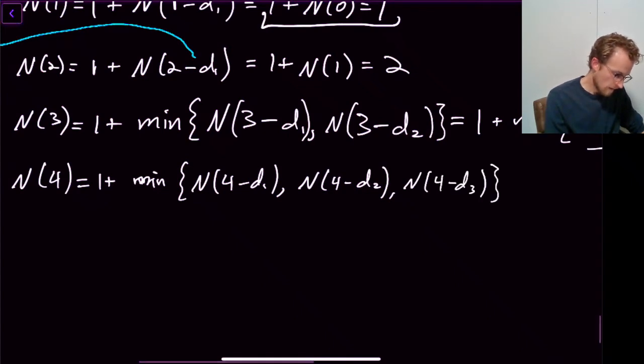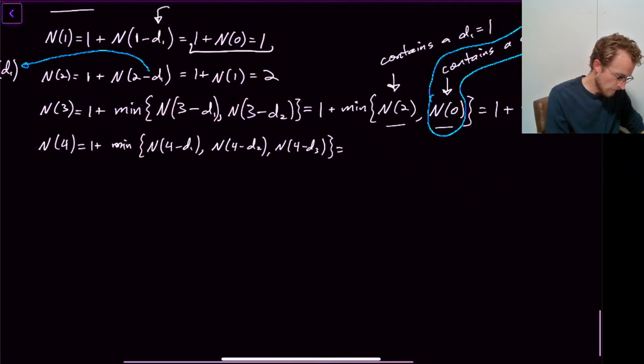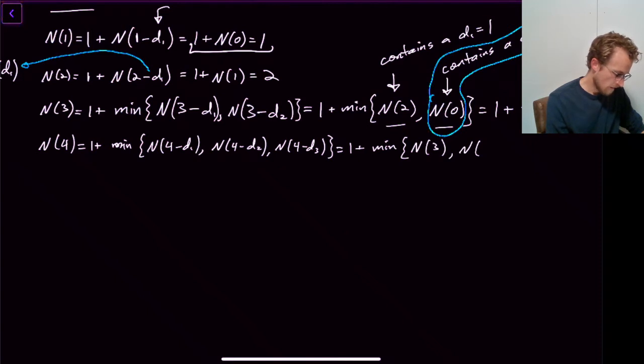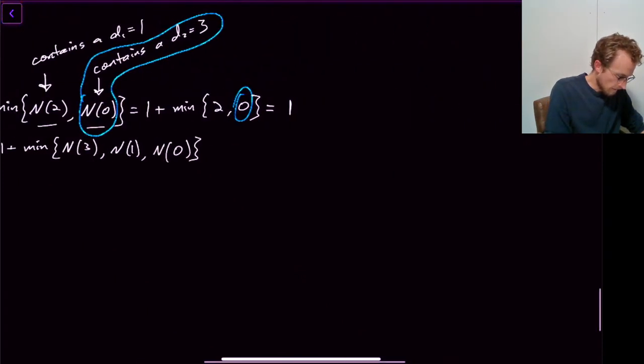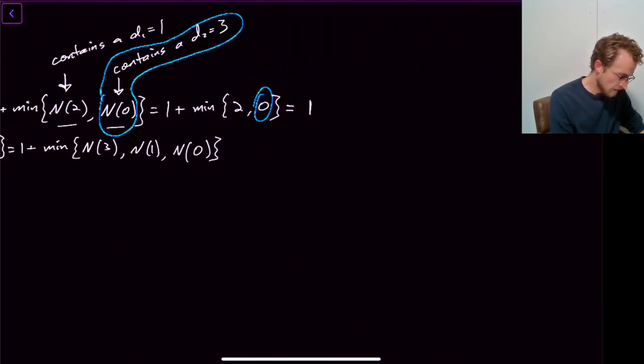Okay, and so now I can zoom out a bit to make some space here. This is equal to 1 plus the minimum of n of 3, n of 4 minus d2, so d2 is 3, so that's n of 1, and n of 0.